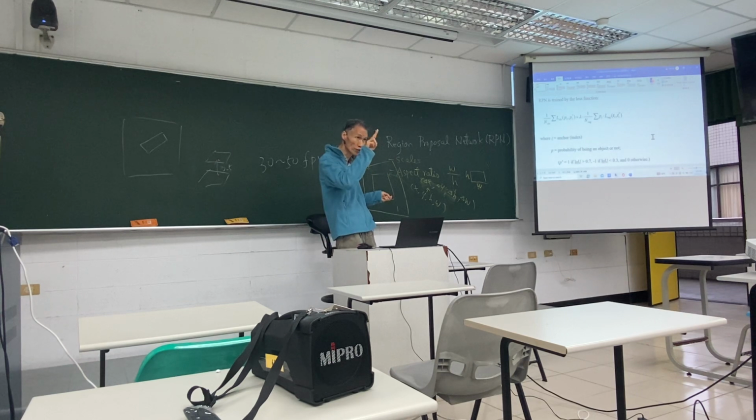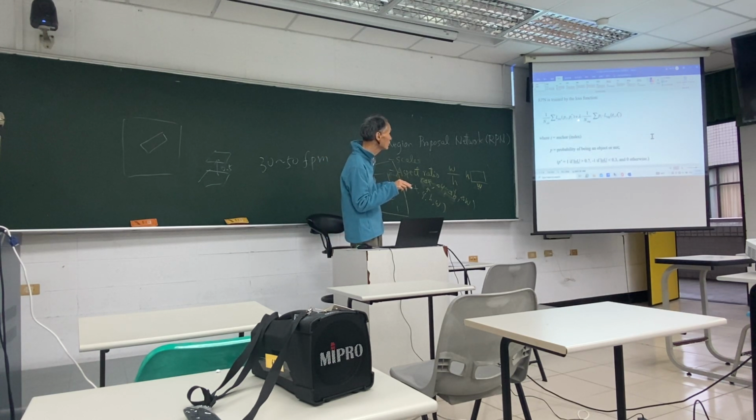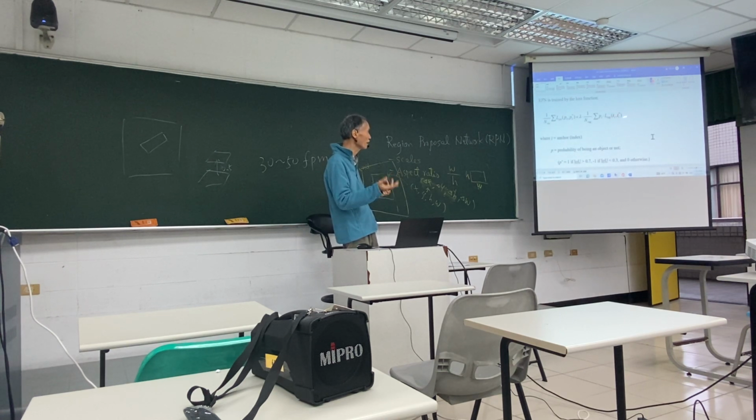It's a binary classification. The other one is the regression: you need to calculate the difference between the ground truth coordinate and your estimated coordinate.